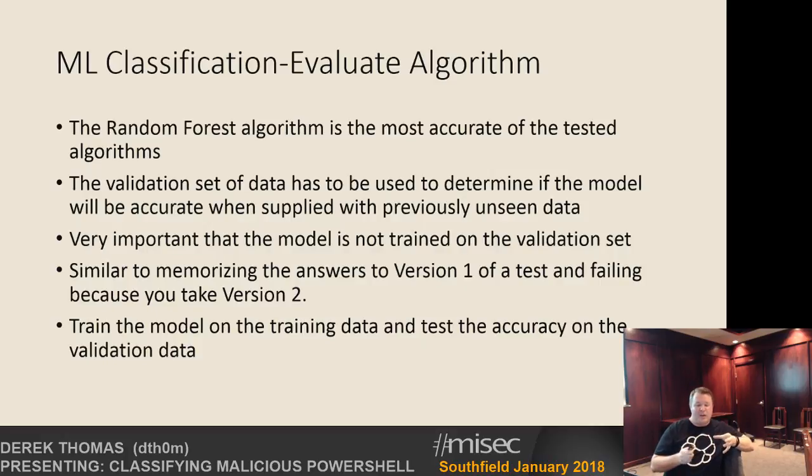We need to feed in new data to see how it's really going to act on a more realistic data set. Keep in mind, never train your model on your validation set, because if you're testing accuracy on your trained portions, it's going to be way higher than it should be, just like I said with memorizing tests: you get version 1 and then version 2 of the test. So we're going to train the model and test the accuracy on the validation data.